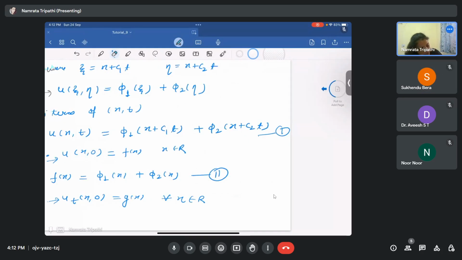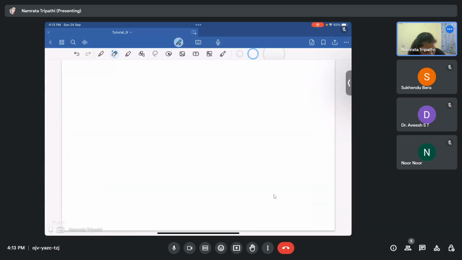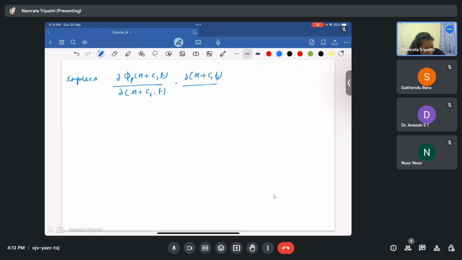So you have to differentiate equation 1 with respect to x plus c1t, since phi 1 is a function of x plus c1t. This implies the second condition: phi 1 of x plus c1t with respect to x plus c1t, and with respect to t, and after this you have to substitute t equals 0.